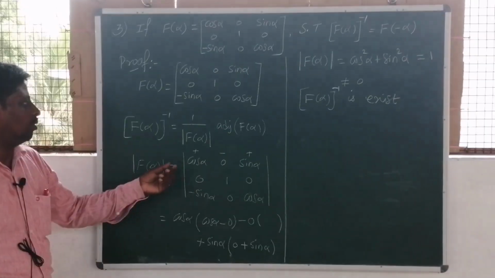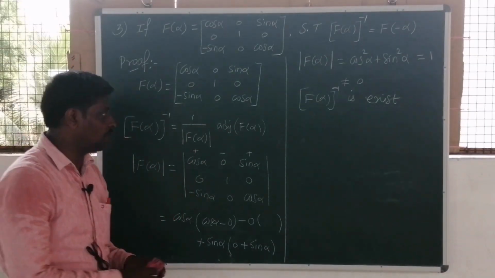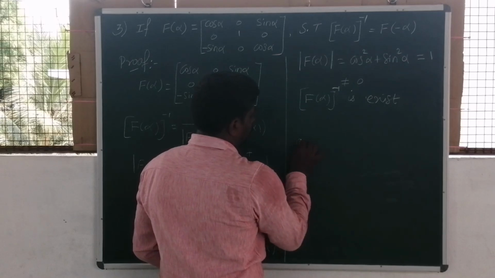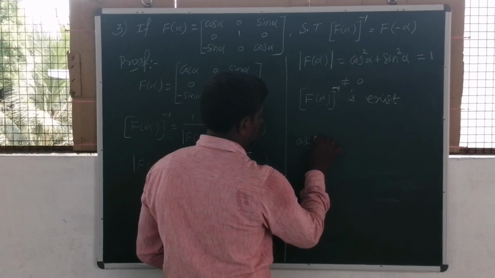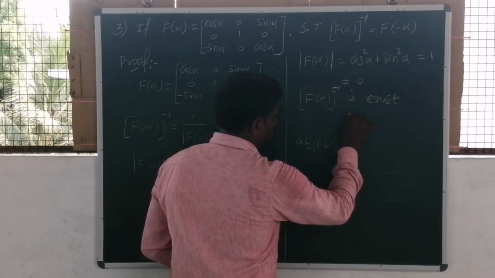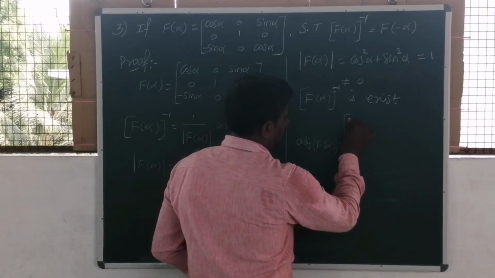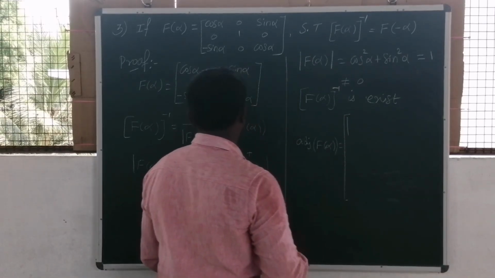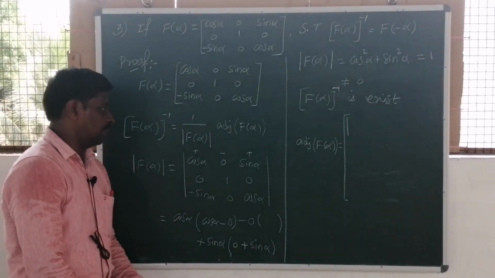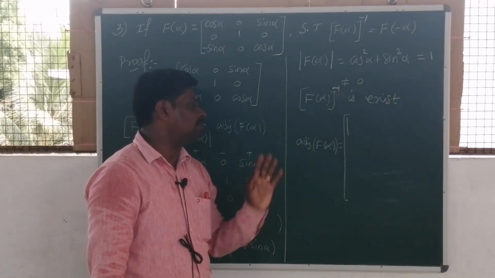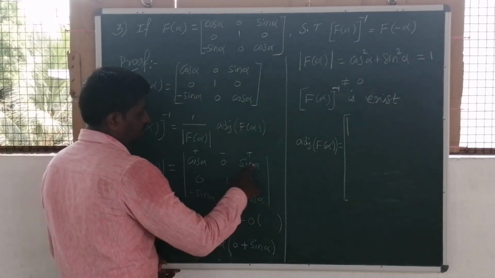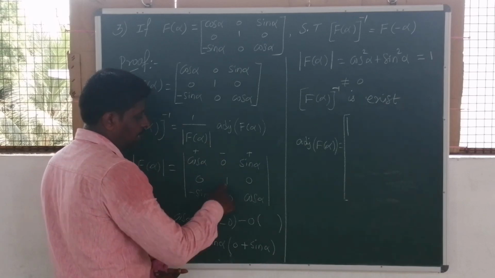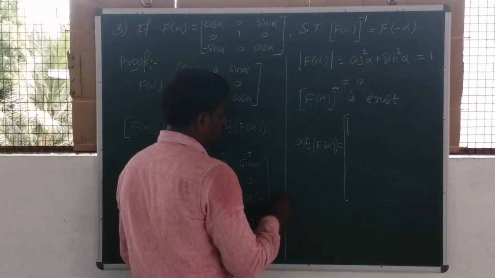Next we want the adjoint of f of alpha. It is a matrix of nine 2 cross 2 determinants. We find the minor of each element. For the first element, cos alpha, leave the first row and first column, and the 2 cross 2 is 1 0 0 cos alpha.